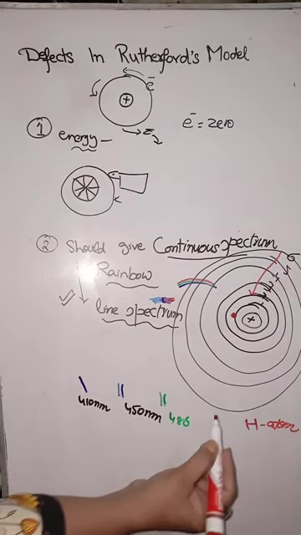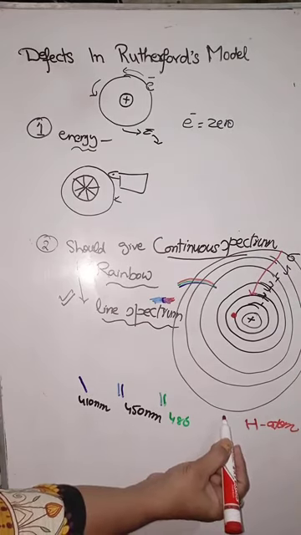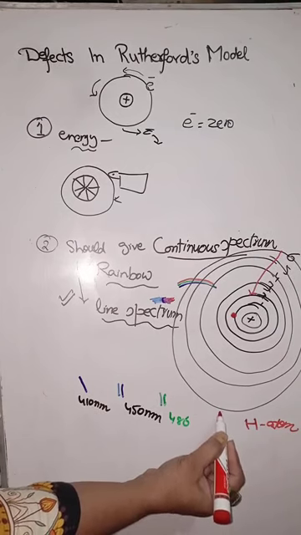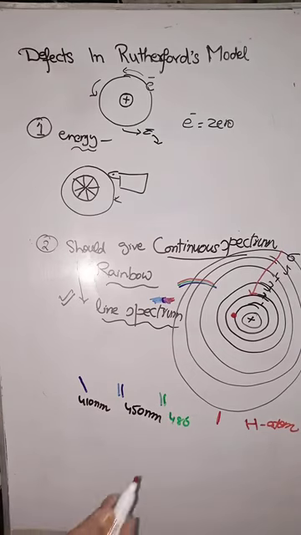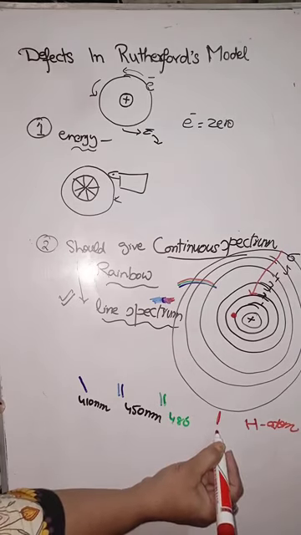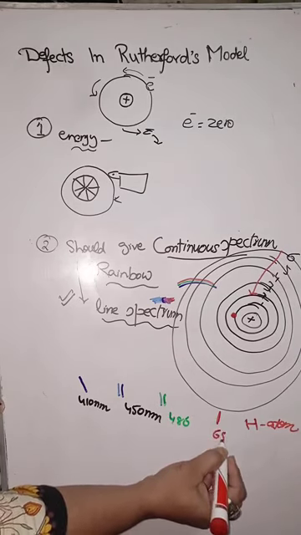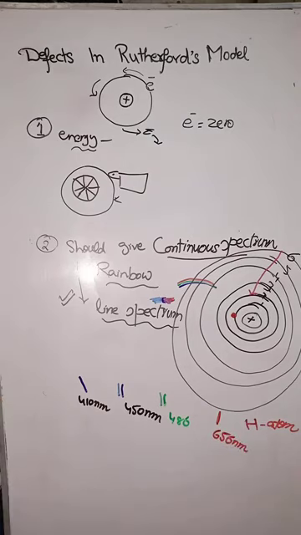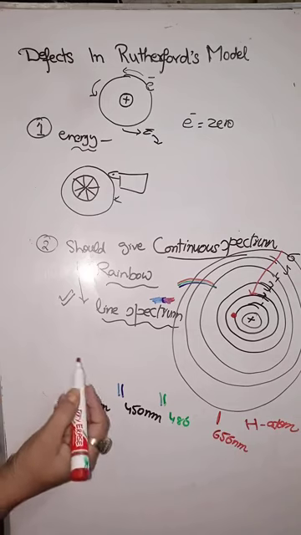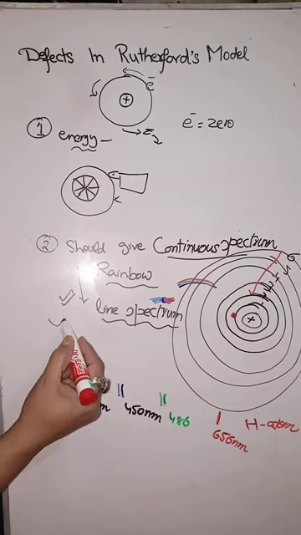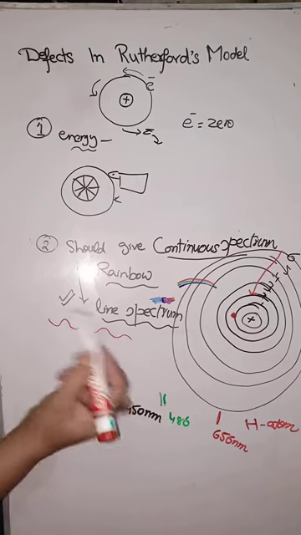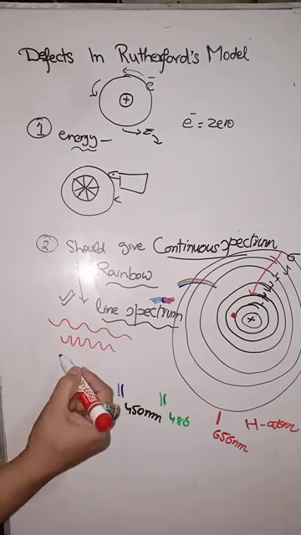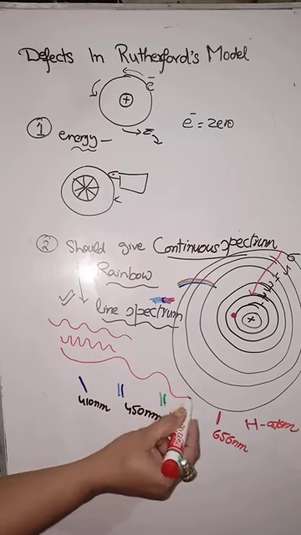and this radiation is at a longer wavelength, and it consists of red color, and the wavelength is 656 nanometer. Now what is wavelength? This is a wave. Similarly, this is also a wave. This is also a wave.